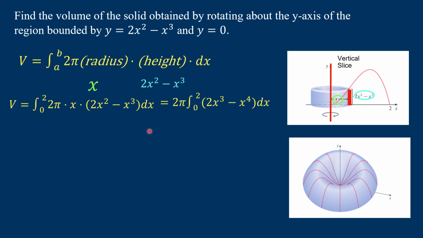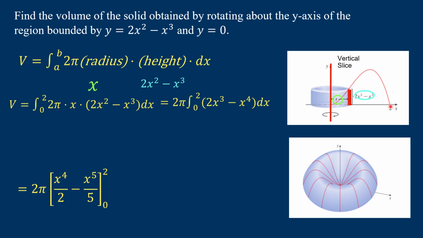We distribute the x to get x cubed minus x fourth power, and find the antiderivative: x fourth over 4, which divided by 2 becomes x fourth over 2, minus x fifth over 5, from x equals 0 to 2. Guys, be very careful.